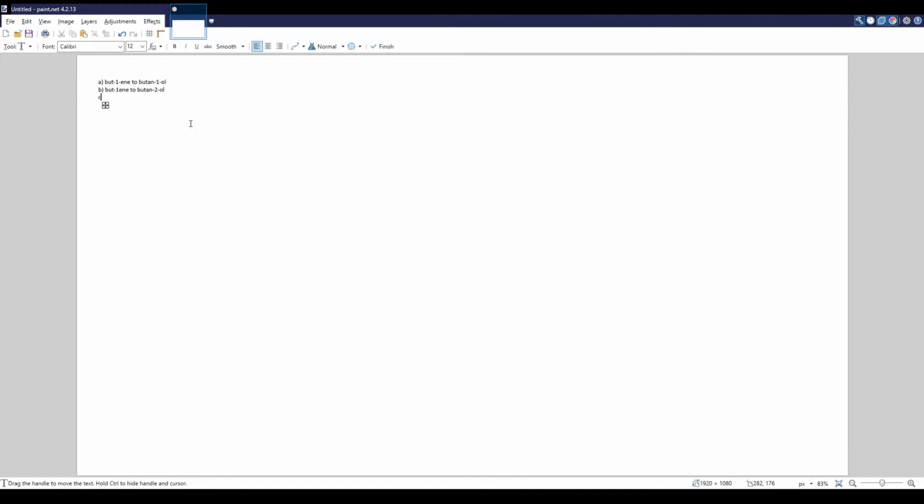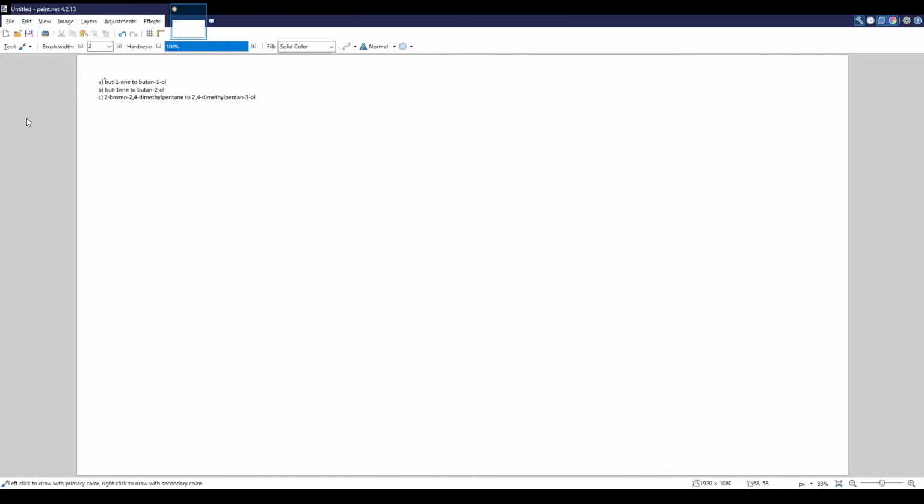Okay, so this one's a lot more complicated. 2-bromo-2,4-dimethyl-pentane to 2,4-dimethyl-pentan-3-ol. Okay. Interesting problems. Let's get started with but-1-ene to butan-2-ol.